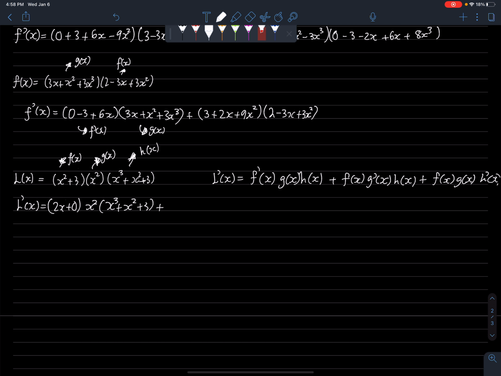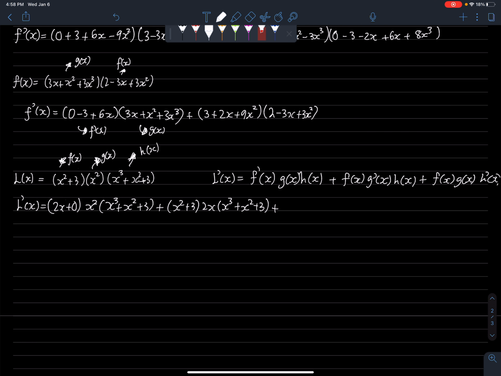Plus 3. Okay, now the next term. Now derivative of g of x. So we're going to write our f of x first. X squared plus 3. Derivative of x squared is 2x. Then multiply by h of x. X cubed plus x squared plus 3.